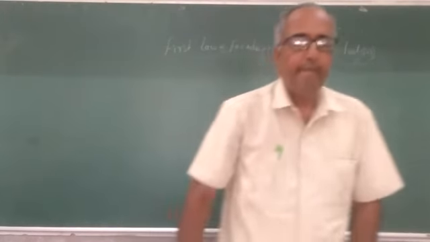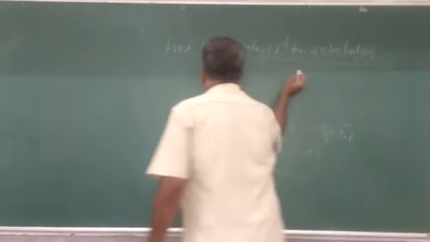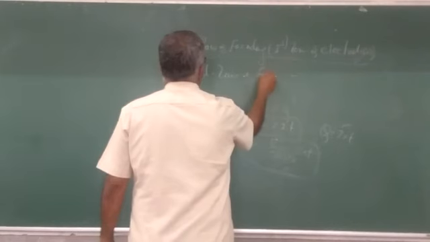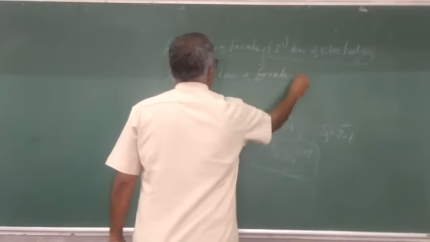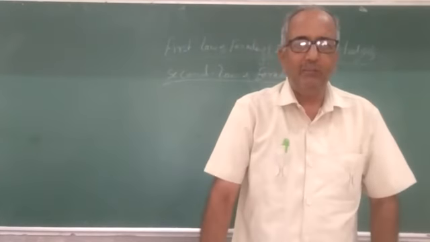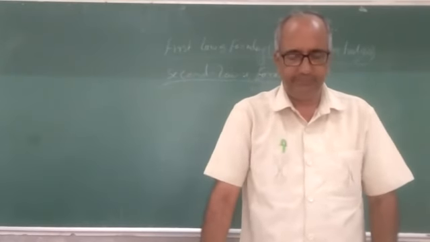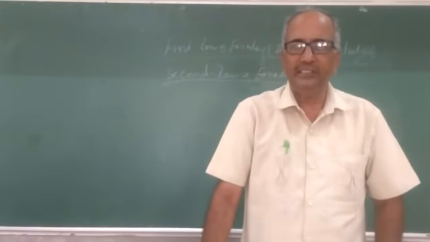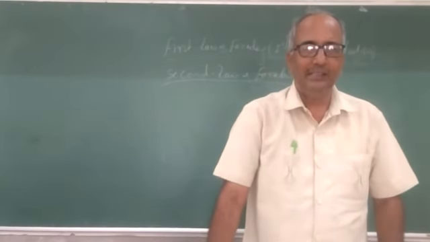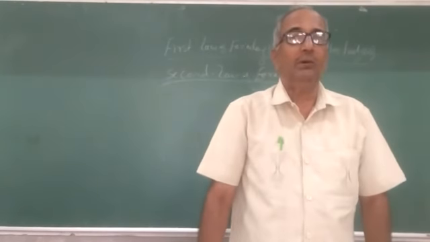So during the solving of some problems, we can use this formula. This is about the first law of Faraday. Then to understand the second law of Faraday: the second law states that when the same quantity of electricity is passed into different electrolytes, the masses of the substances deposited or liberated at the surface of the electrode are directly proportional to their equivalent mass.